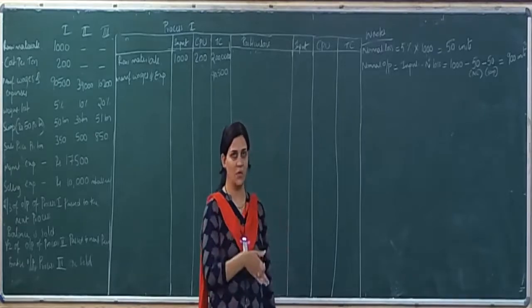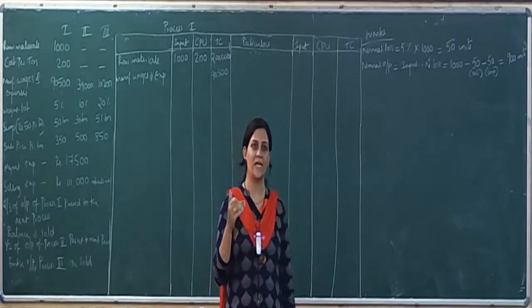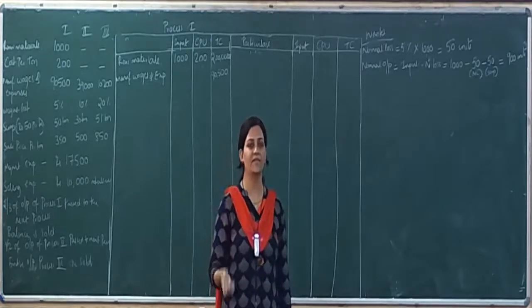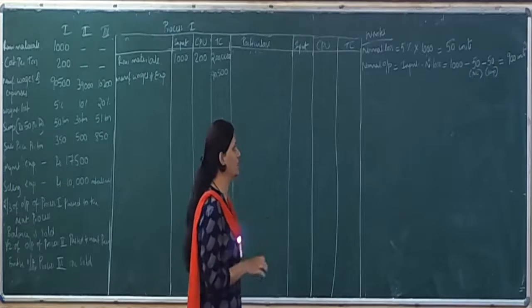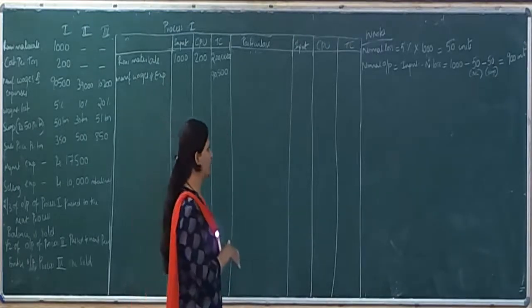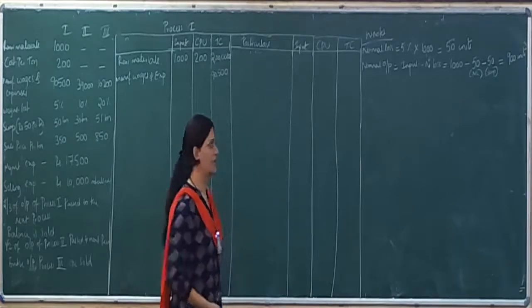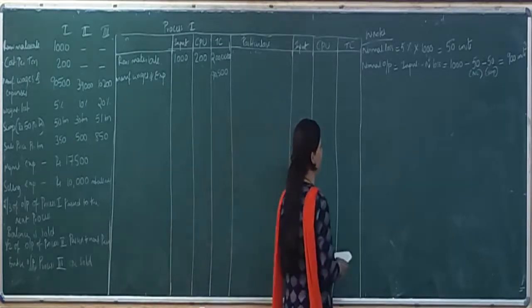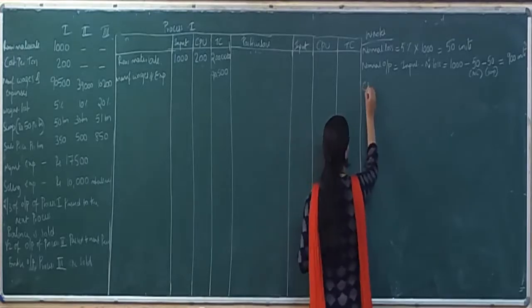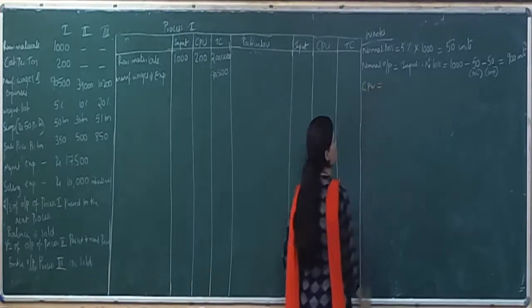As we used to practice in the previous problems, there they used to give us actual output, that we used to compare with the normal output to find whether it is an abnormal gain or an abnormal loss. But here the actual output is not given, so we don't have to write abnormal gain or loss. Next, directly what is cost.